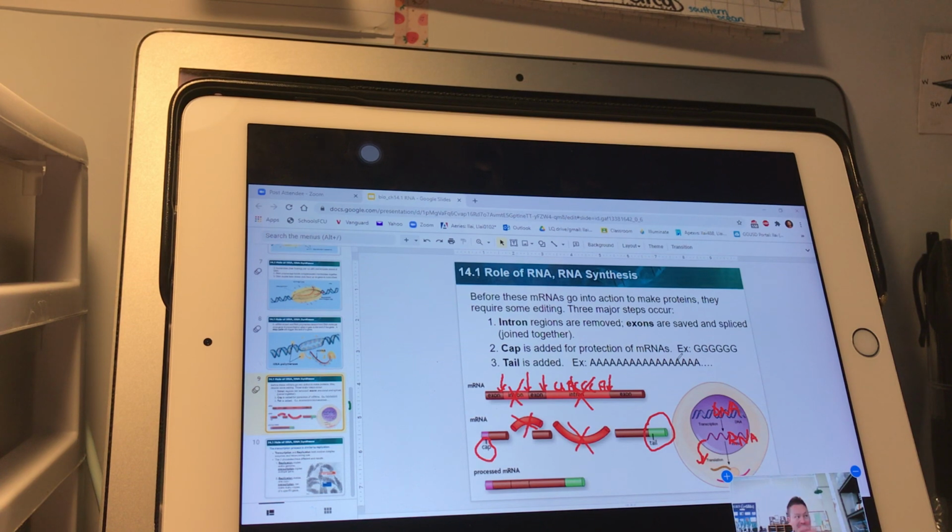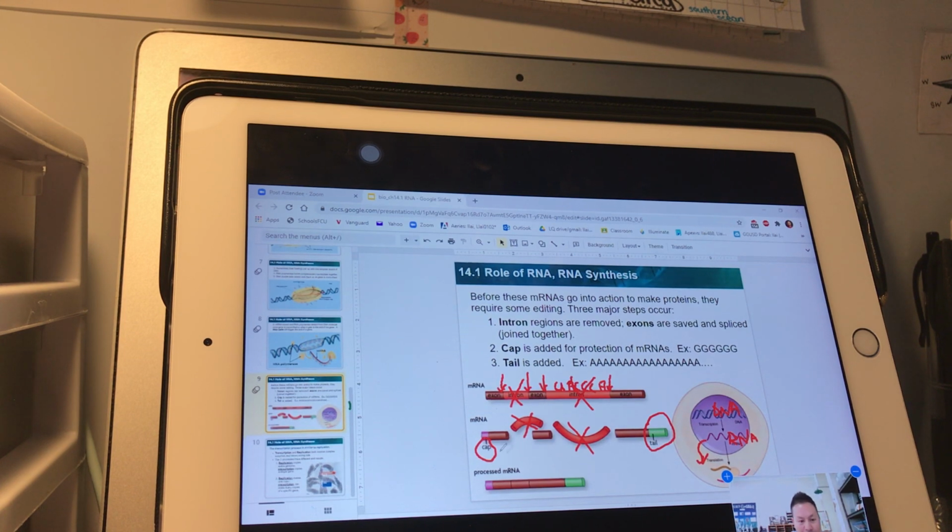It wiggles and moves it out. To prevent the messenger from hitting some other organelle, it has a cap in the front. It's kind of like a helmet to protect it from hitting something.